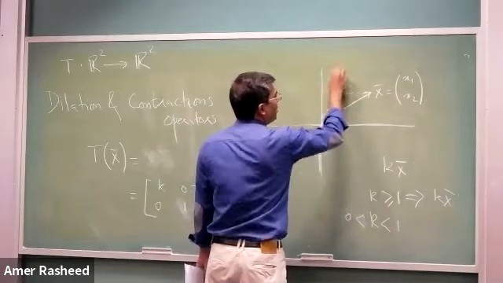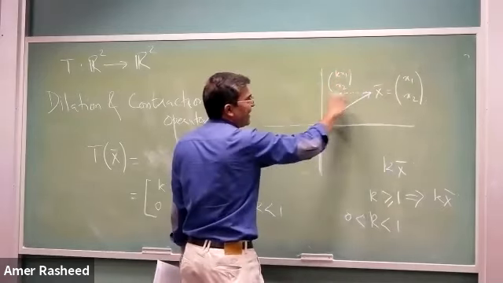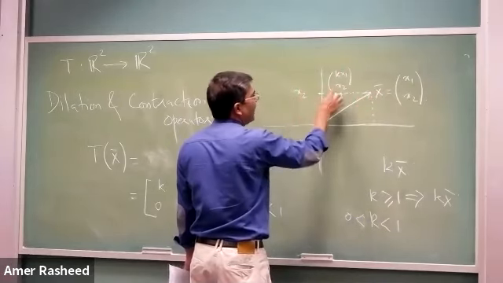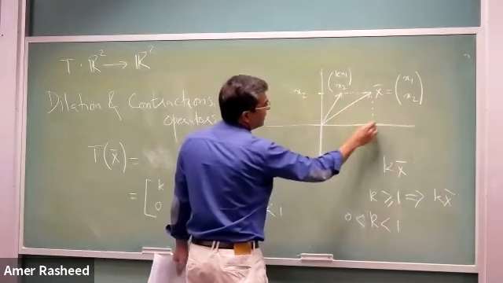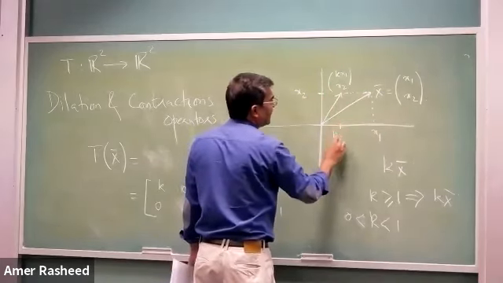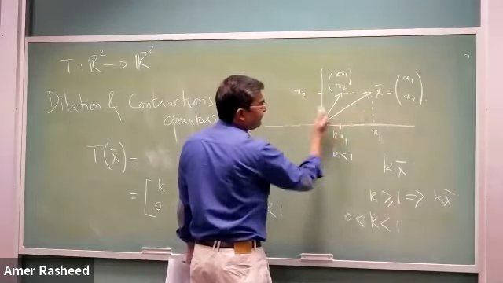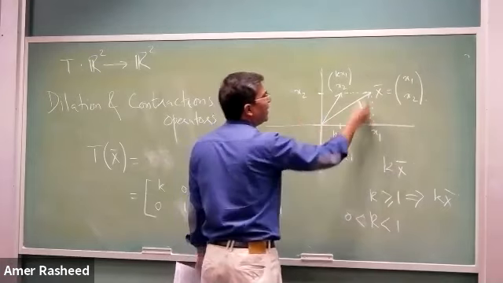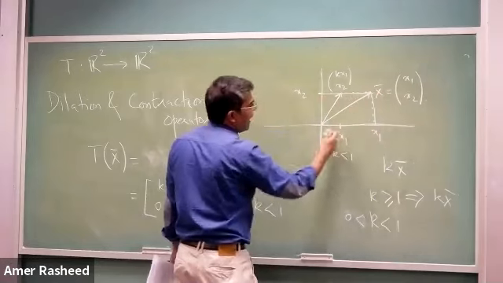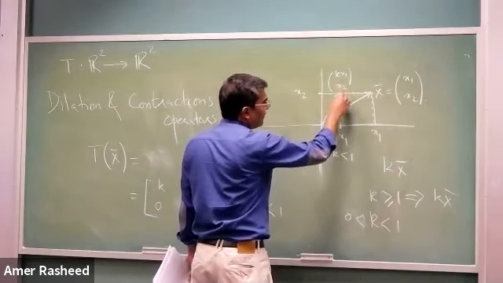So this vector is now k times x1, x2, because the height x2 will remain the same, but this was your x1. Now the new x1 is k times x1, where k is less than 1. So this vector will be contracted. If you denote it with a square, then after applying this transformation, the new square will become this one.